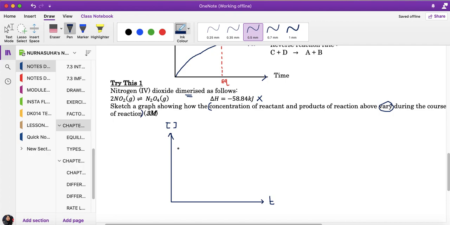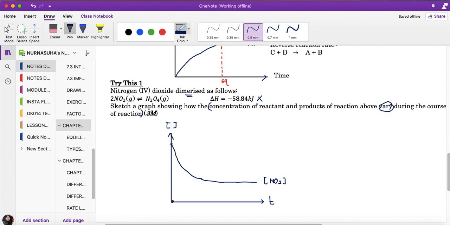Okay, so now we know for reactant start from maximum concentration, it will decrease. And it will become constant. So ini adalah curve for reactant. So awak label concentration of reactant siapa? NO2. Okay, next for product. Product asal-asalnya tak ada kan?